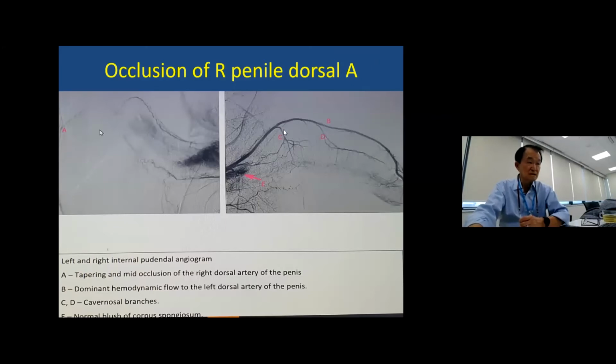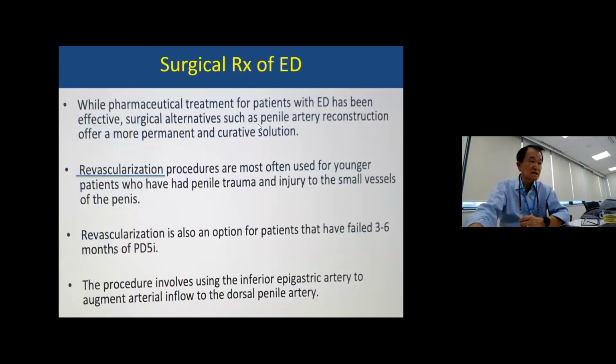Unlike the other normal, here is okay, but down here is blocked. So surgical revascularization should work if the patient has a particular trauma injury, and pharmaceutical treatment has been tried, but arterial reconstruction is best if there is a vascular origin.